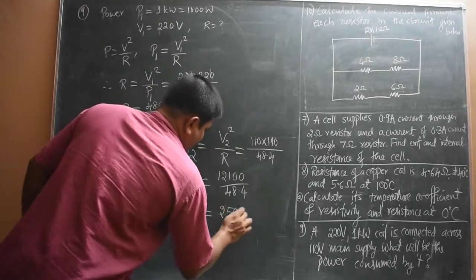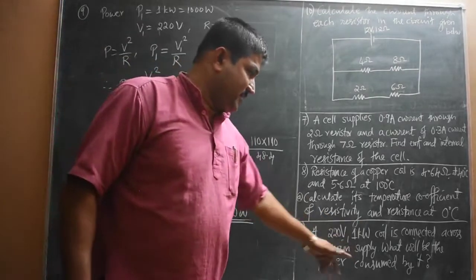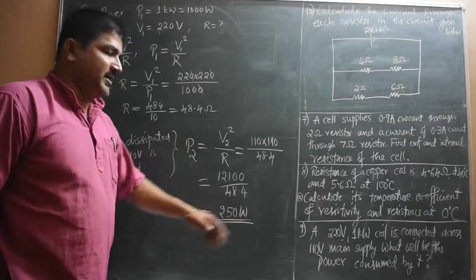So 250 watt is the power consumed by the coil or heater at 110 volt.